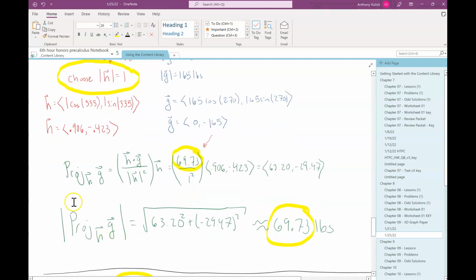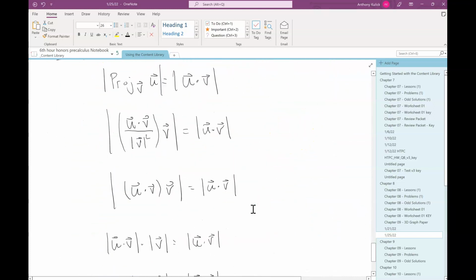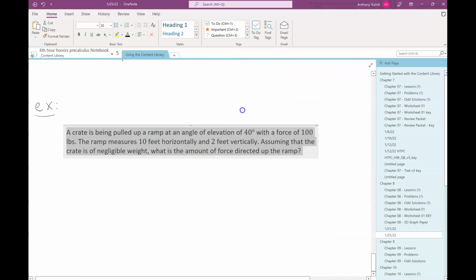So we find the length of this projection vector, since it represents the amount of gravity going down the hill. We use the magnitude formula, and there we're done. That's a high-level overview without bogging down in the calculation. Let's look at our next example.